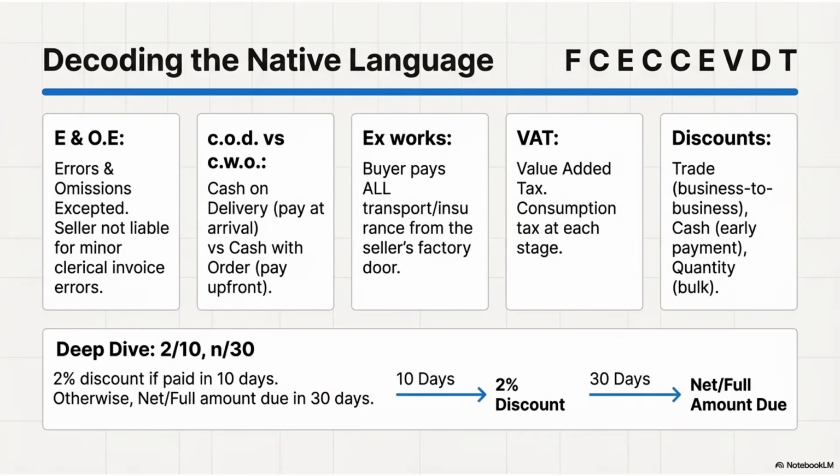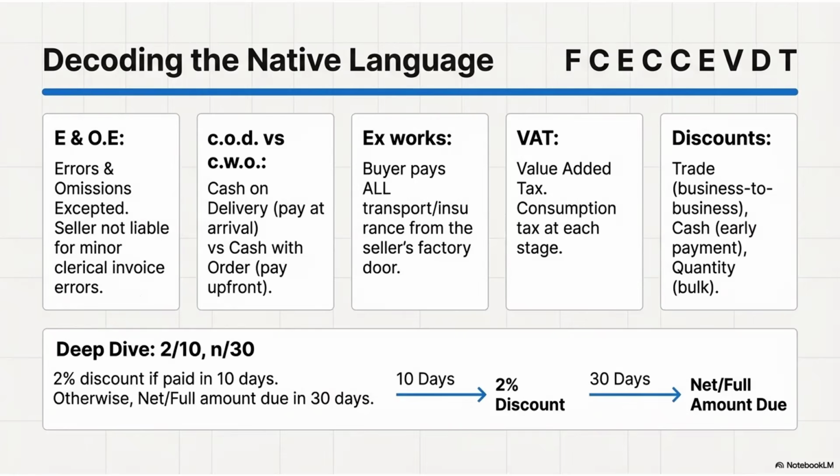I think you all know what VAT is and what discounts are. But one thing, I want you all to be able to read this, and if you did accounts, you should be able to. If not, pay attention. If you see 2/10 N30, that means 2% discount if you pay within 10 days. If not, the full amount is due in 30 days.